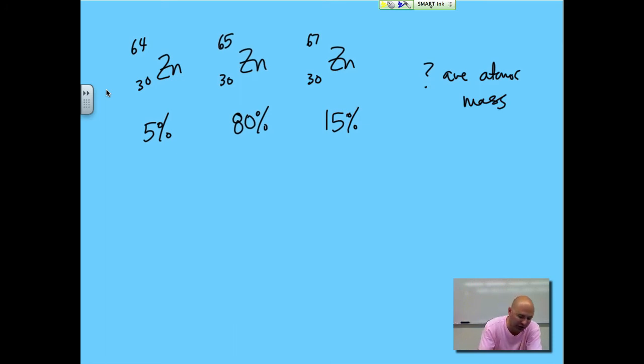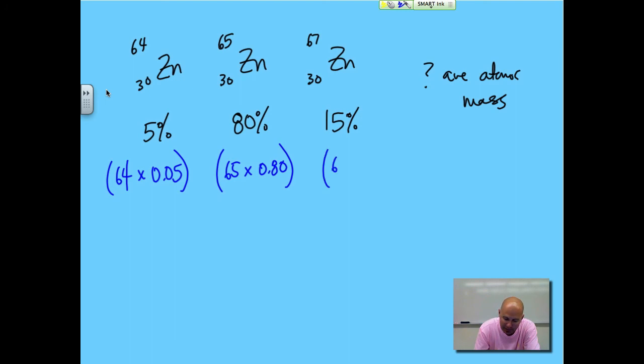What you're doing is taking the mass, 64, and multiplying it by its percentage, taking this mass, 65, multiplying by its percentage, and taking this mass, multiplying by its percentage, and adding those three together, which will give us our average atomic mass.